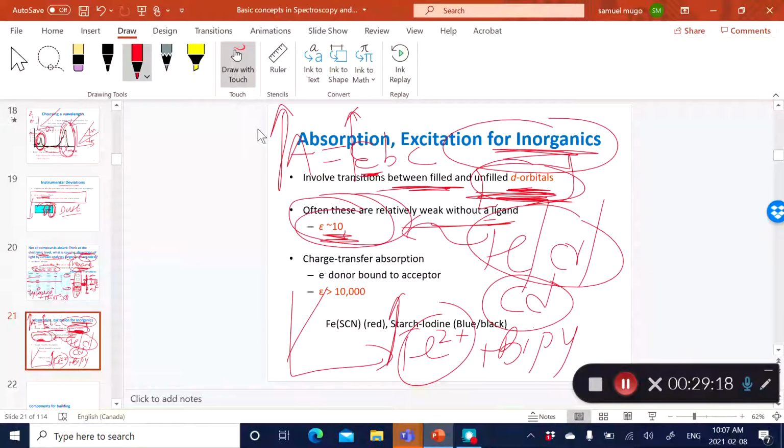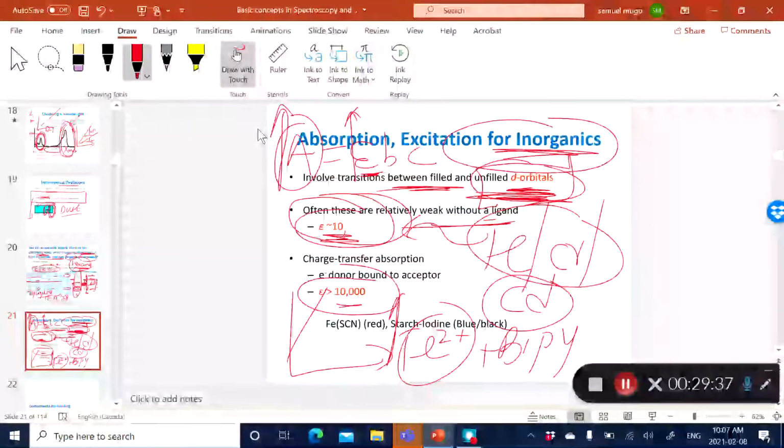And so there are lots of possible transitions, and that increases the molar absorptivity. Now you can see something like 10,000, and that again increases the absorbance, meaning the sensitivity really increases.